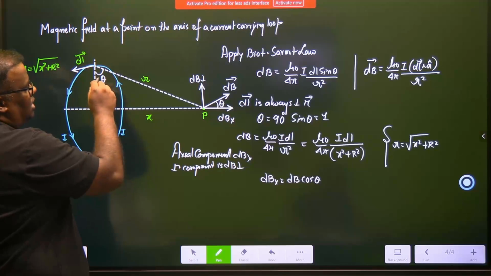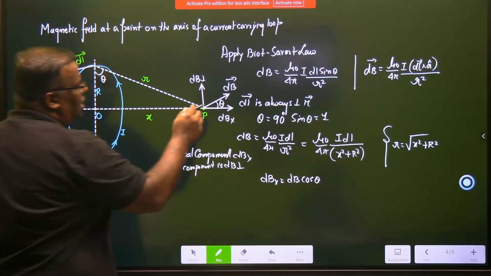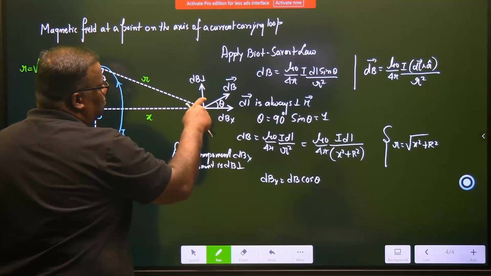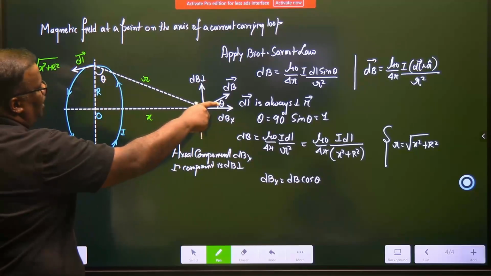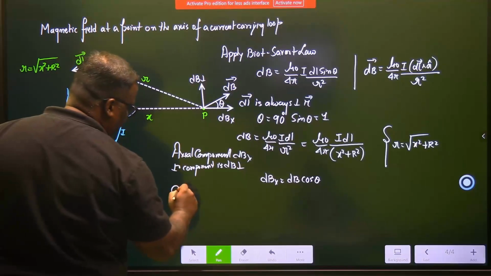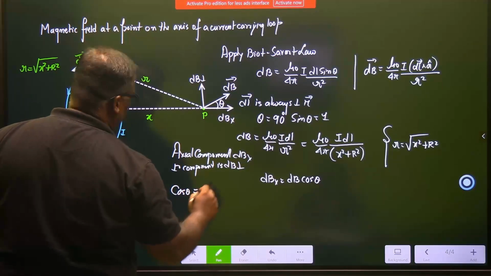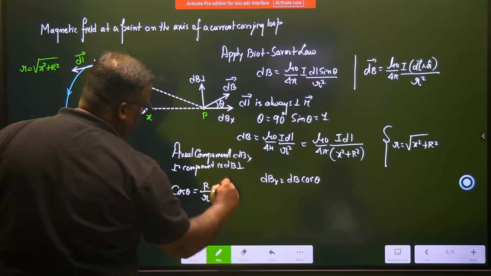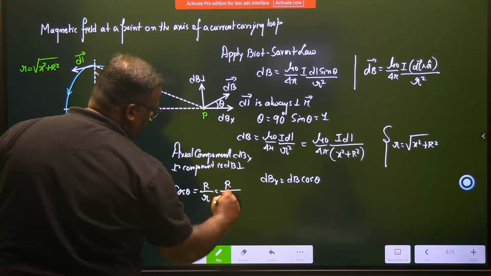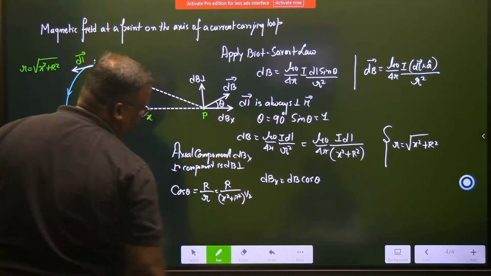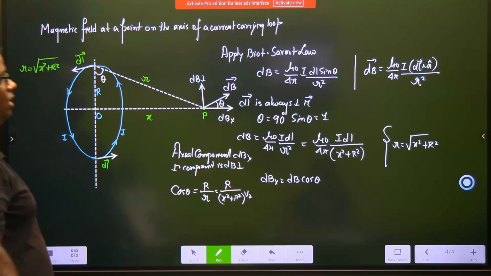If you put this as 1 and this as 2 and do two equations, you will find this is theta, this will also be theta. So cos theta will be equal to the adjacent side, which is r, divided by the square root of x square plus r square. I hope this much is okay.